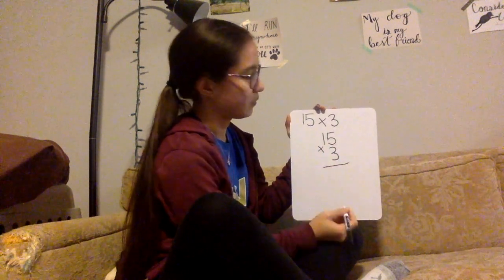The important thing to remember in partial products is that if we get a problem written like this, 15 times 3, and it's written horizontally, side to side, you're going to write it vertically, or up and down. Okay?